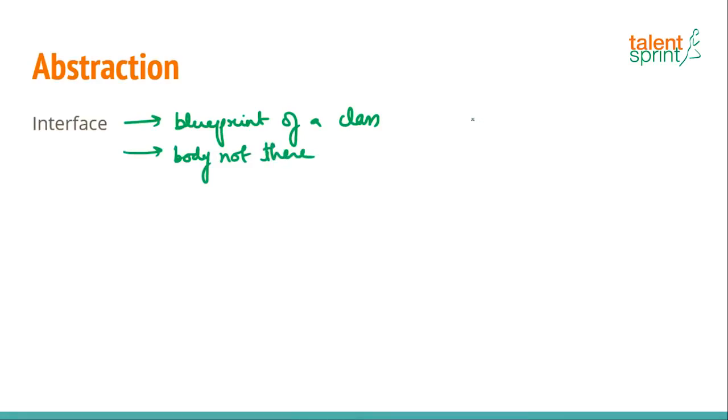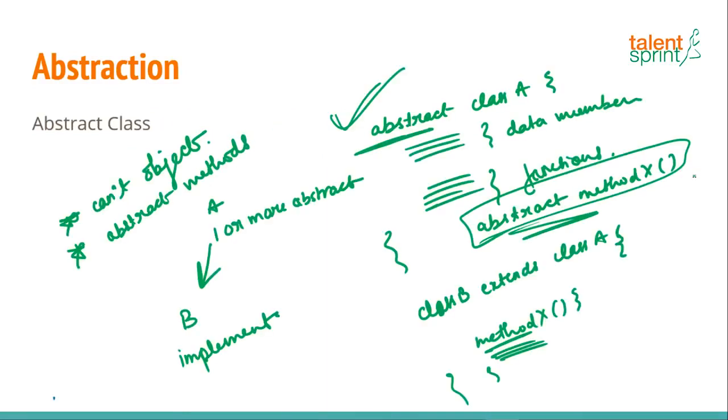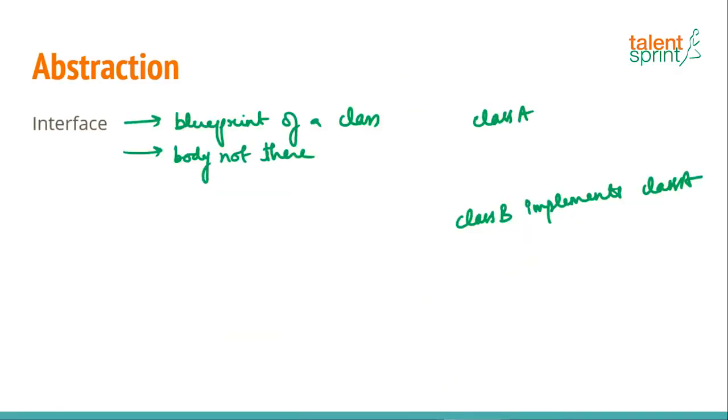So let's say class A is an interface and class B wants to implement the interface, so we use the implements keyword. Class B implements class A. Remember, when we were doing abstraction using abstract classes, you have to extend an abstract class, while when we are talking about interface, you have to implement an interface.